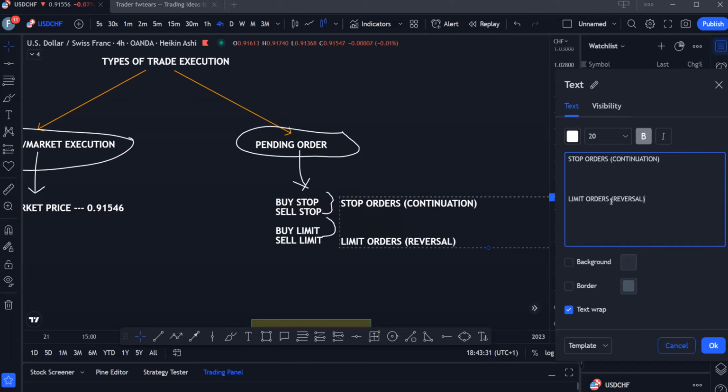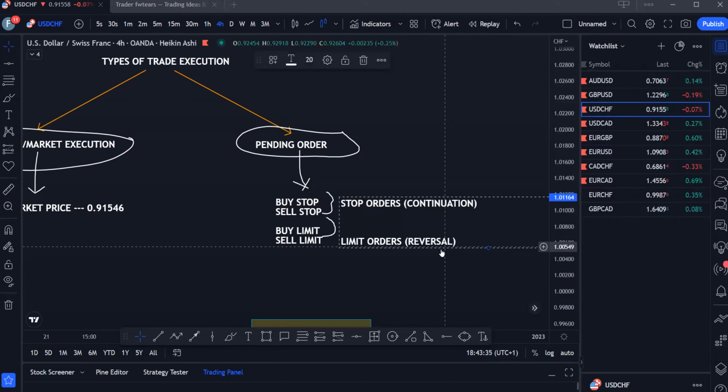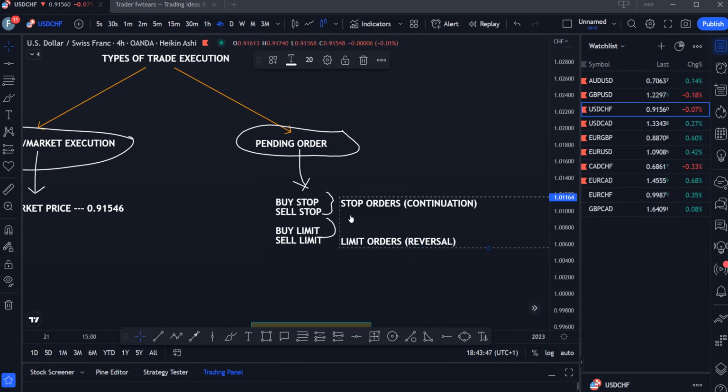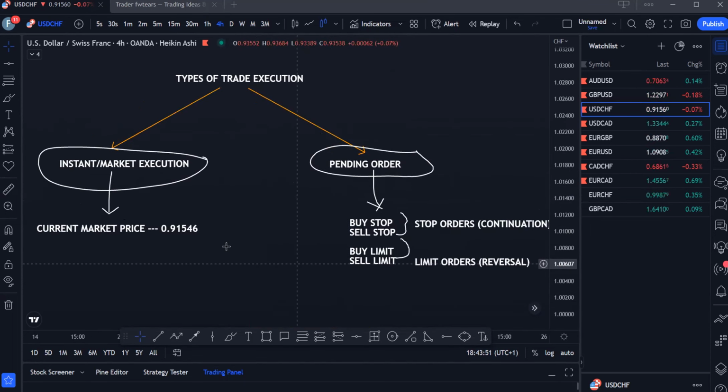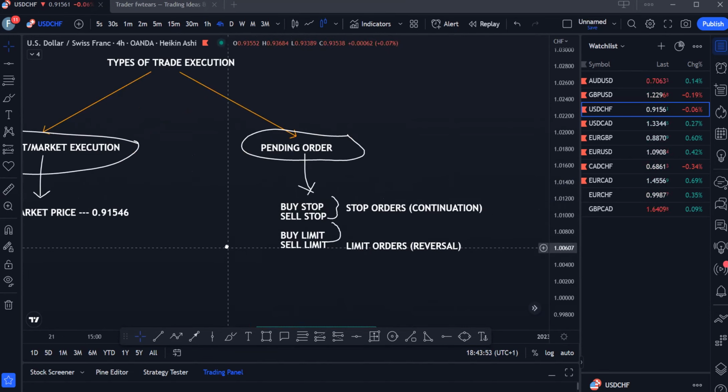Limit orders deal with reversal, such that when you see a particular price that is going up, if you use a buy limit, for example, let's just explain it now. Let's start with buy stop, and that will throw more light on what I'm talking about. But stop orders are continuation, limit orders are reversal.